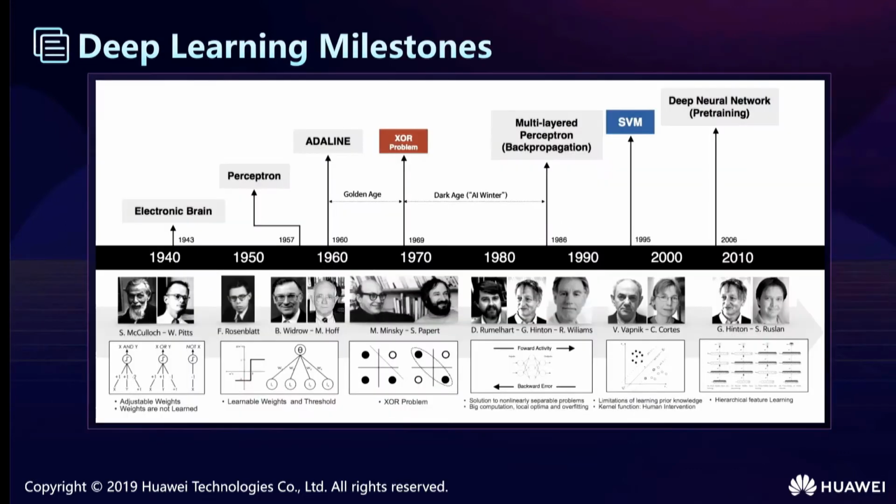Let's see more details of deep learning development. Building neural networks began around 1948 to 1969. Earlier, in 1958, Frank Rosenblatt invented the perceptron.